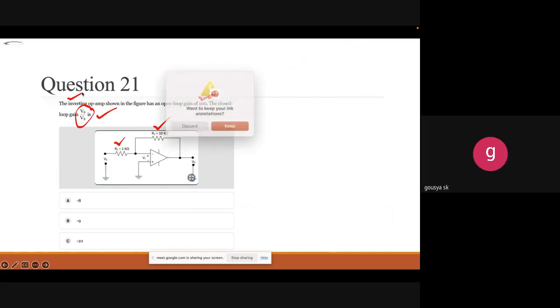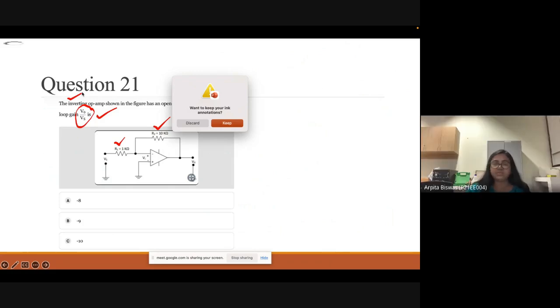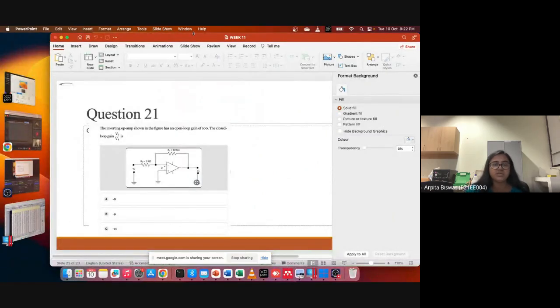Minus 10. How did you calculate it? Can you please explain? The same formula, if you are applying it for the ideal purpose, for an inverting amplifier, V output by V input is minus RF by Rin.